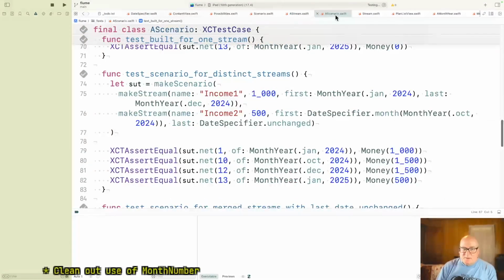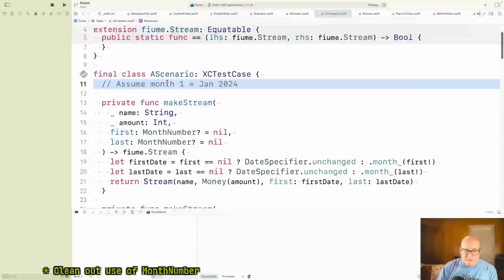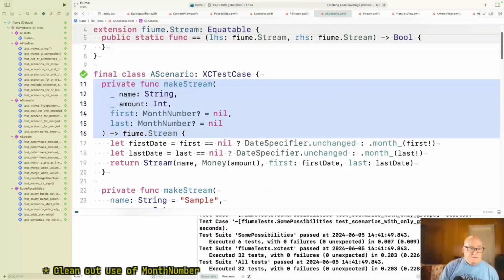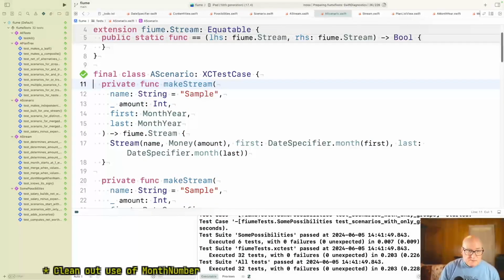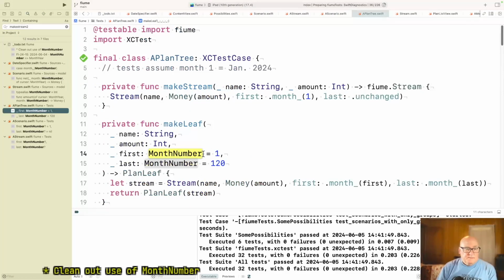Let's get that unused one out. I've now embedded that in the code, and this month number goes away. A plan tree.